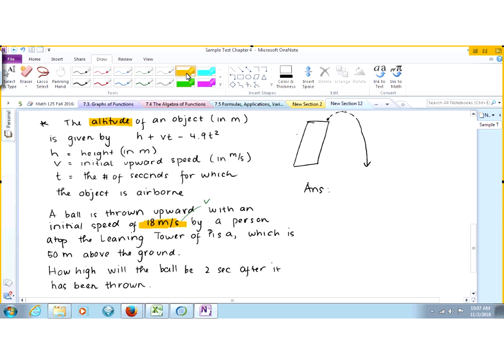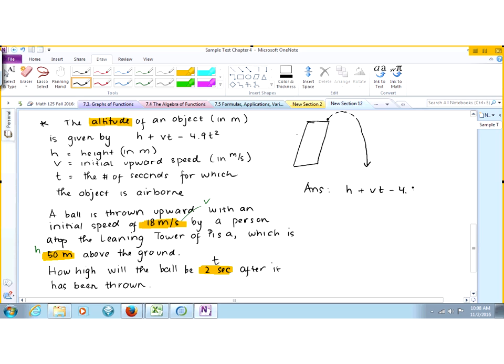What letter? V, good. So usually math word problems are easy. You can just find the numbers and then think about which one it is. 50 meters, what would this be? Height? Okay, good. And then what is this 2 seconds? Yeah, t. Then you have everything, don't you? Then you have the answer.